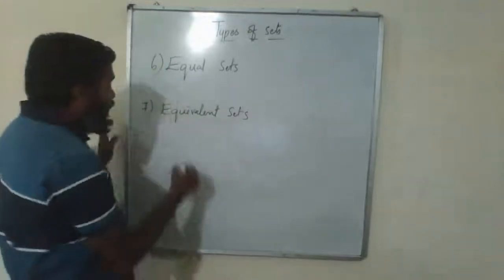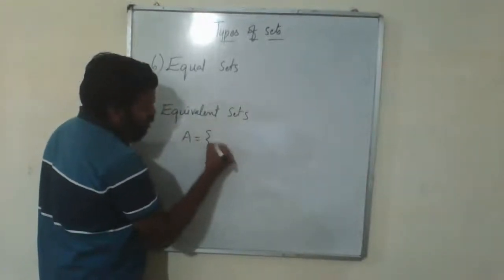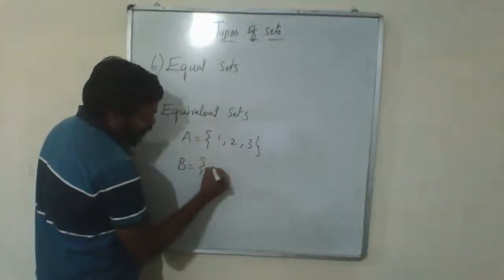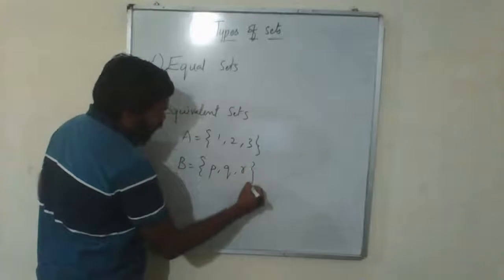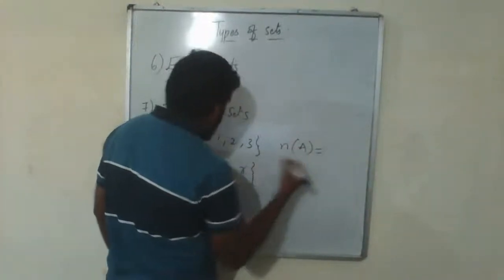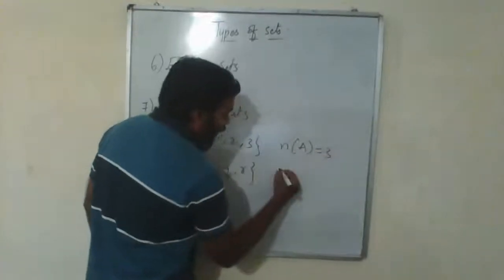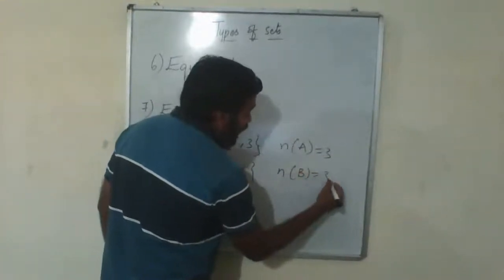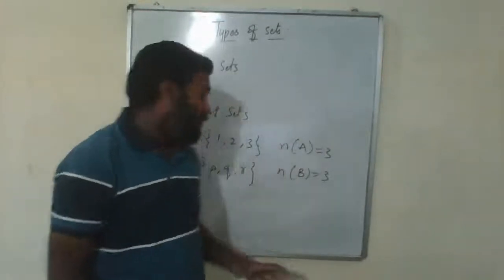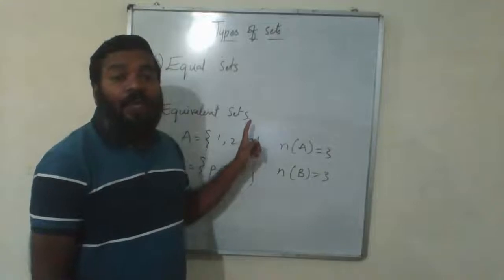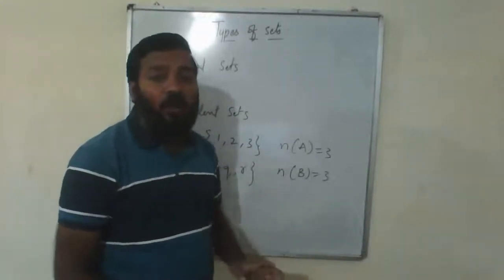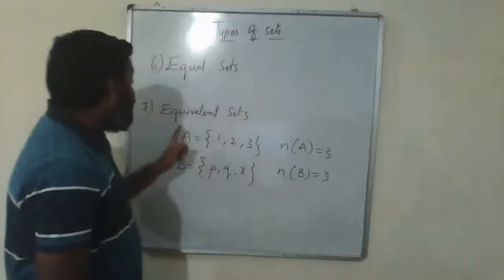Equivalent sets: if A has 1, 2, 3 and B has P, Q, R, then the cardinality of A is 3 and the cardinality of B is 3. If the cardinal numbers of any two sets are equal, then they are said to be equivalent sets.